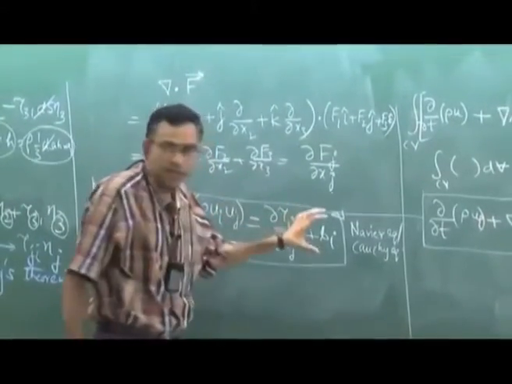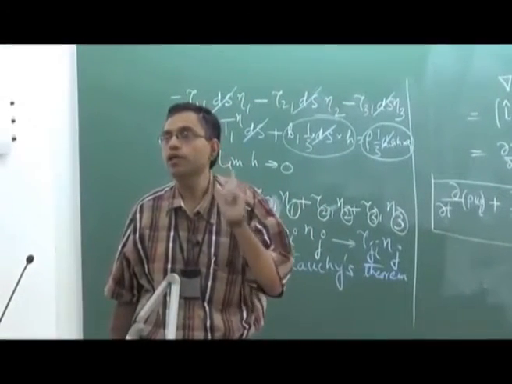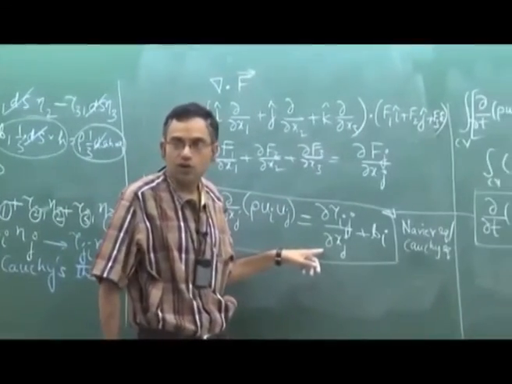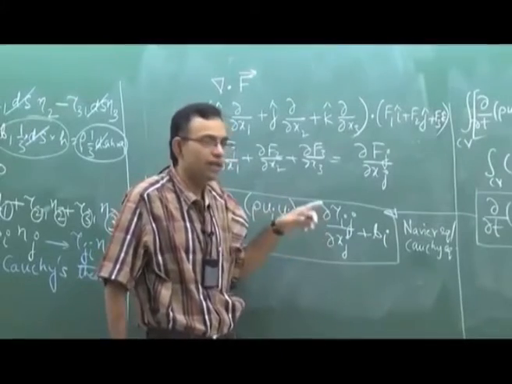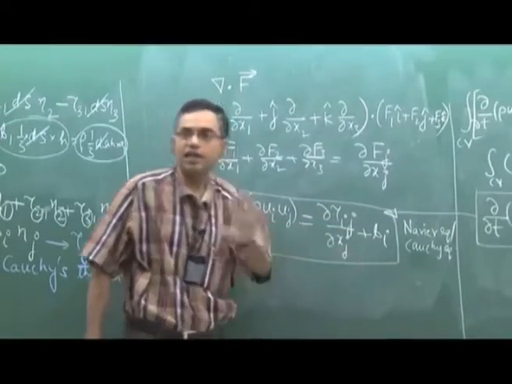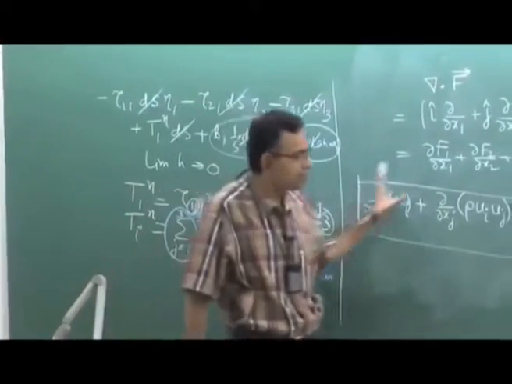So pretty general, but one very important assumption: there is no body couple, because if there is any body couple, then tau ij is not equal to tau ji. So the only and the most important assumption that goes behind this equation is that there is no body couple. Other than that, it is pretty general.